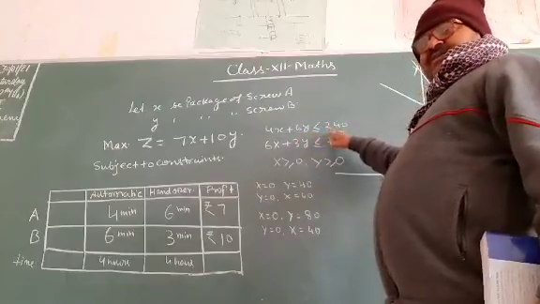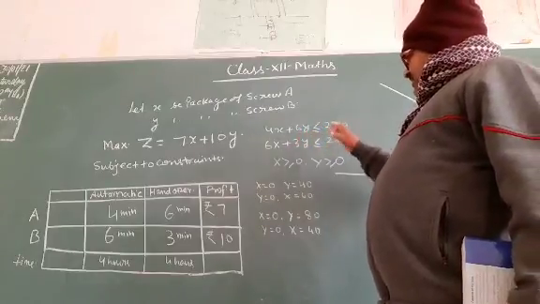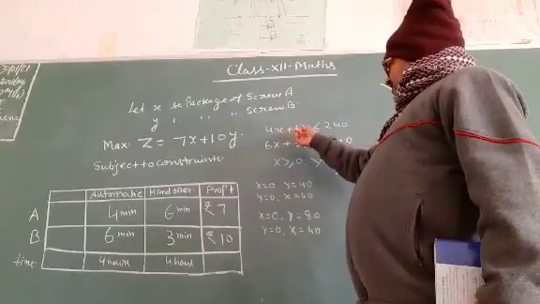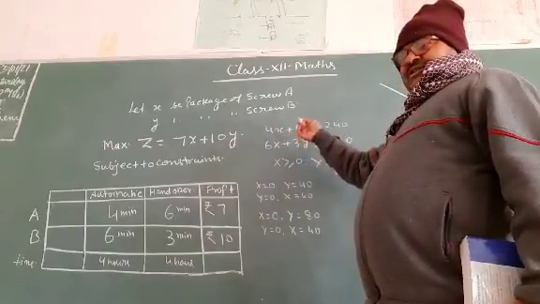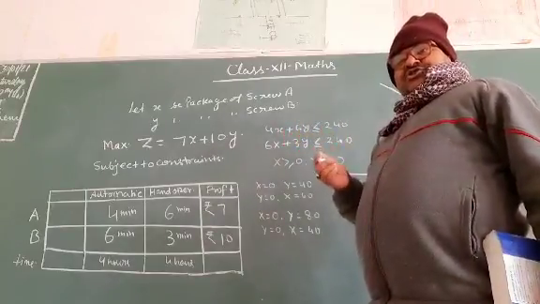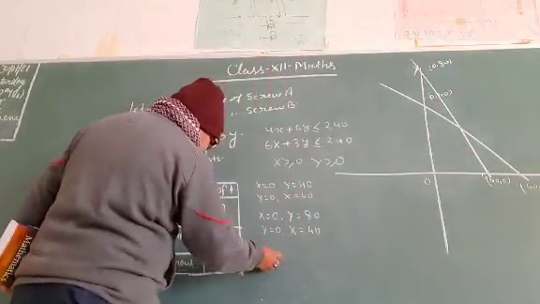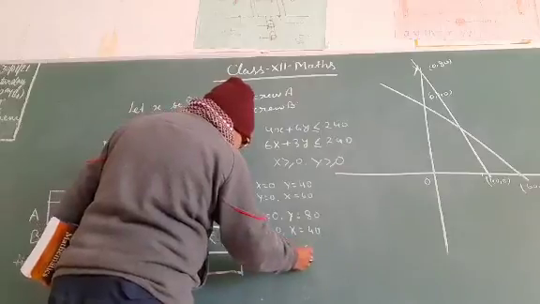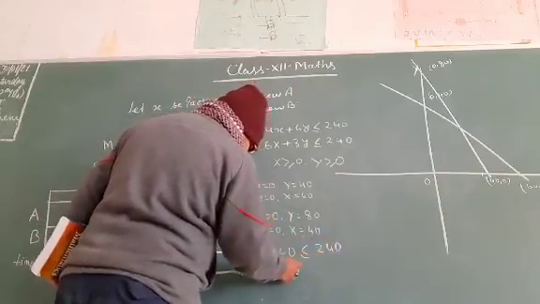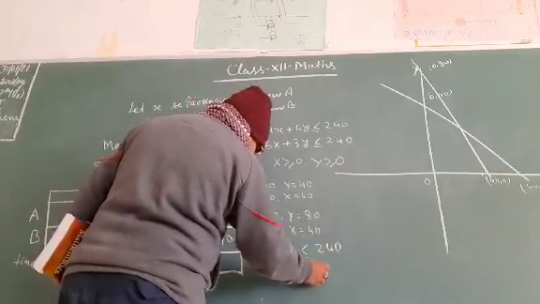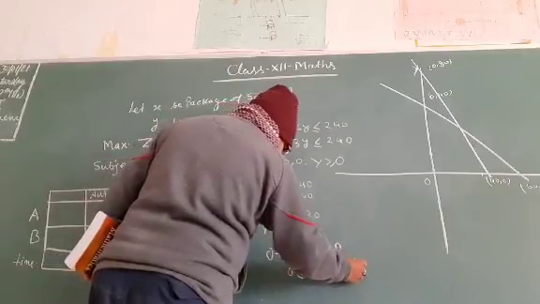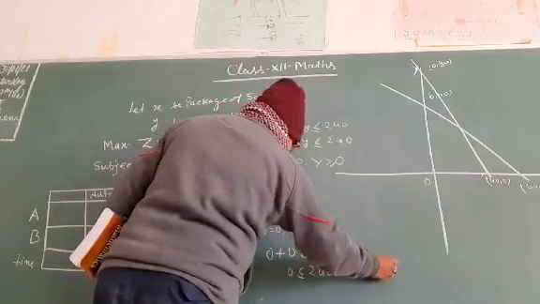They are satisfied: 0 plus 0 is less than or equal to 240, which is true.